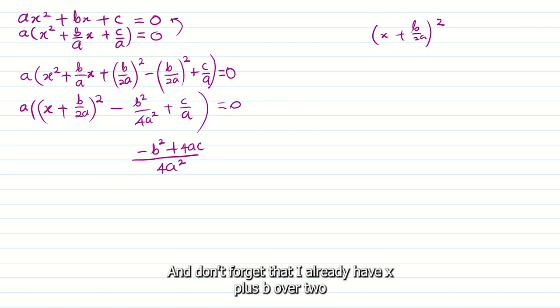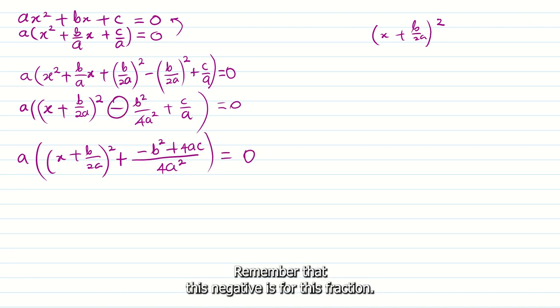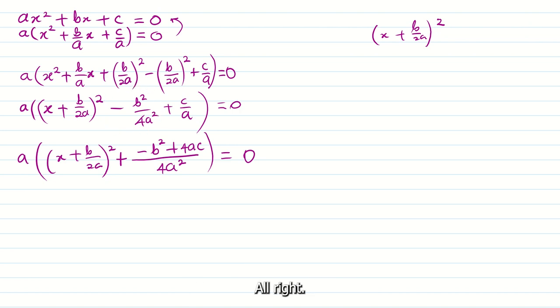And don't forget that I already have x plus b over 2a here, all squared, plus that fraction, and then I've got an a outside equals 0. Remember that this negative is for this fraction. That's why I've brought in another addition right there.